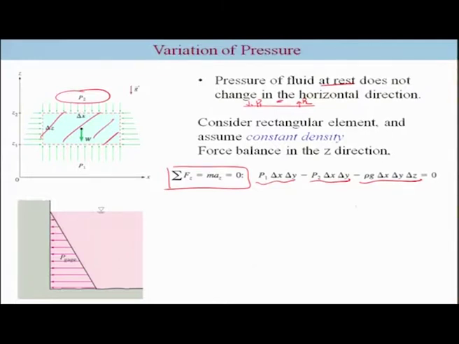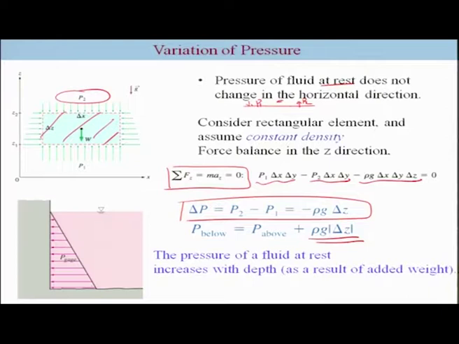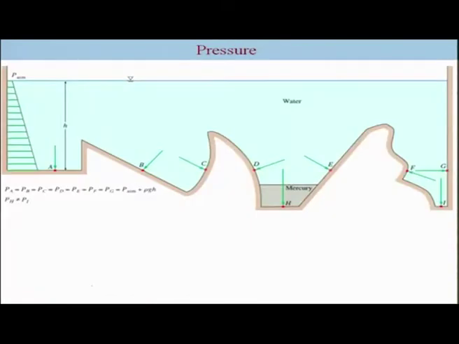If you do a simple mathematical calculation and take out the common term, what you get is that P2 minus P1 is nothing but minus rho g delta H. In other words, the pressure below is more than the pressure above by this value. So, the pressure increases linearly with distance as we go down in depth because of the added weight of the fluid.